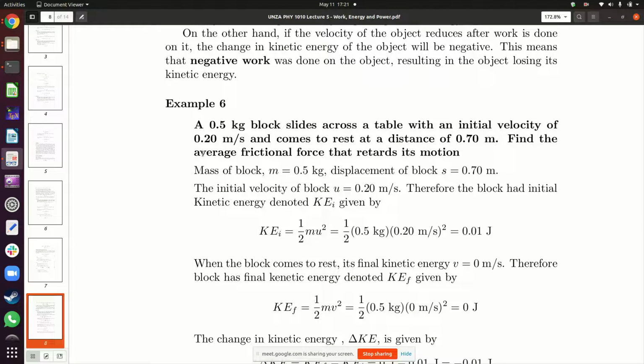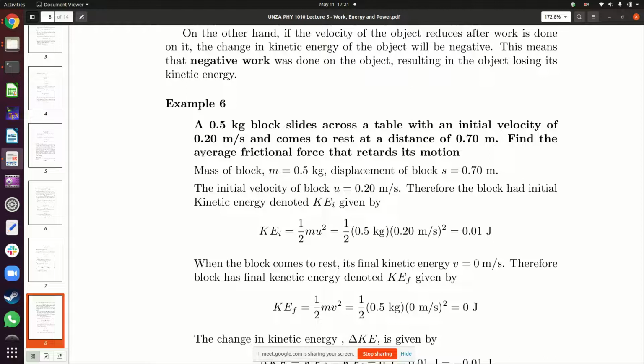Find the average frictional force that retards its motion. So here we have a block with a mass of 0.5 kg, which had an initial velocity of 0.2 meters per second, and it comes to rest, meaning that the final velocity of this particular object is 0 meters per second. It comes to rest in a distance of 0.7 meters.